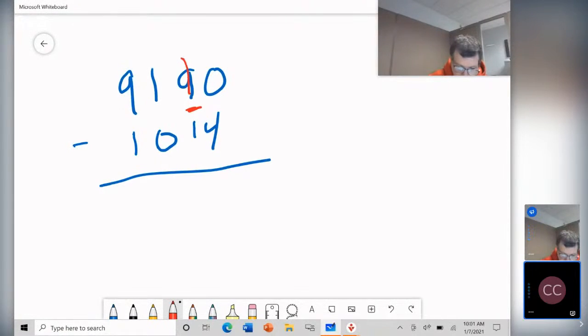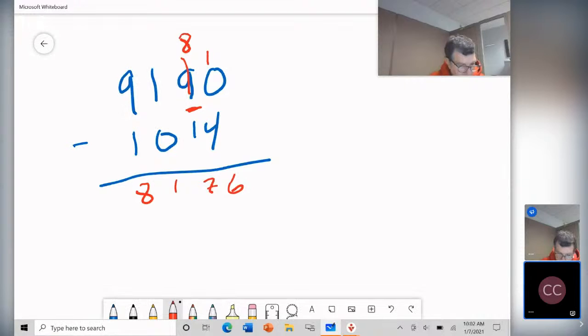So we're going to borrow 10 ones. That's going to become an 8, and this is going to become a 10. So 10 minus 4 is 6. The 8 minus 1 is a 7. 1 minus 0 is 1. And the 9 minus the 1 is 8. Okay? So 8, 1, 7, 6.